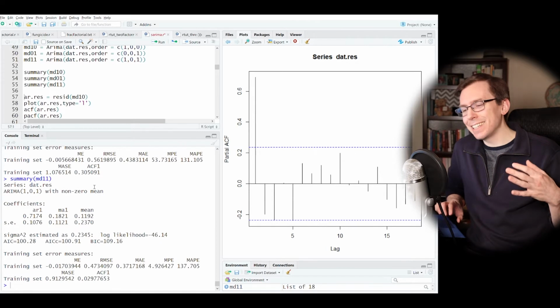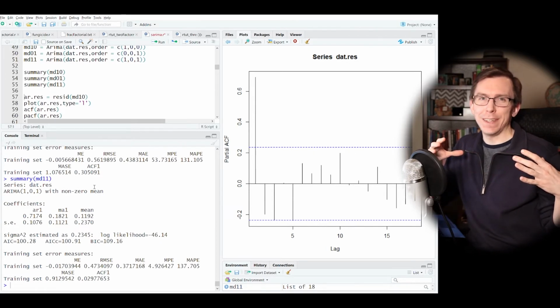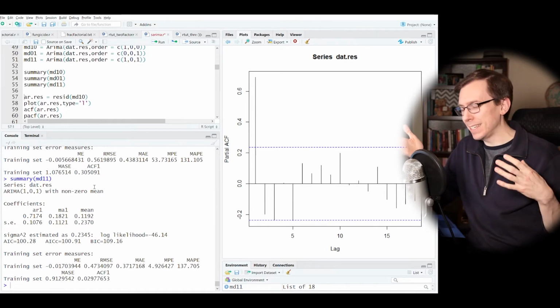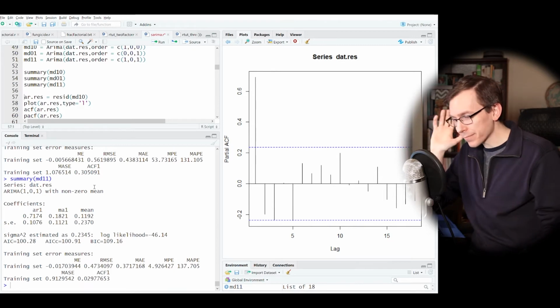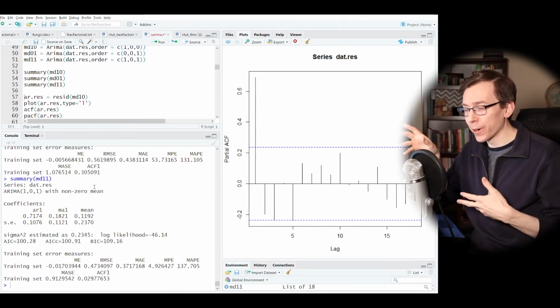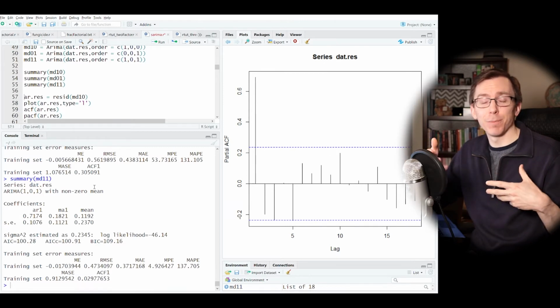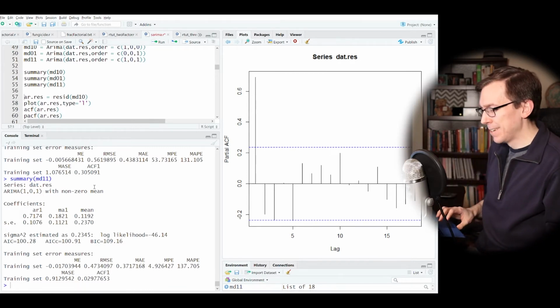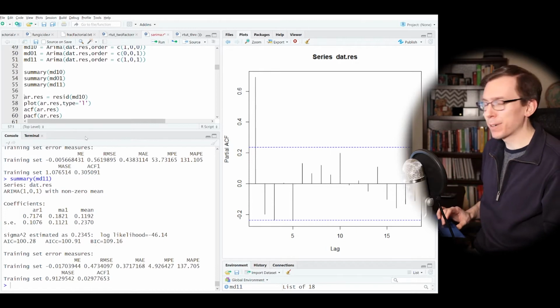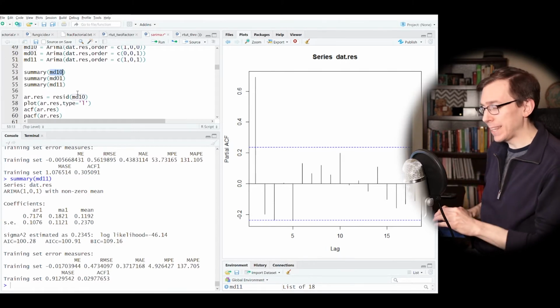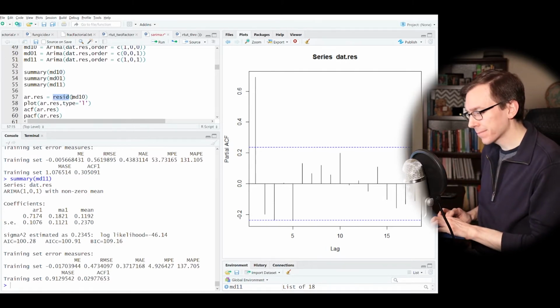So it's not clear which model fits better than the other with respect to the information criteria. For the sake of going forward, I just chose the AR1 model because it's simpler. It has fewer parameters in it, and I thought, well, they're probably going to give about the same fit to the data, so why don't we just take the AR1 and see what that tells us.